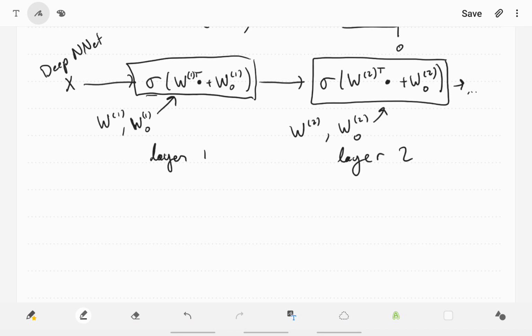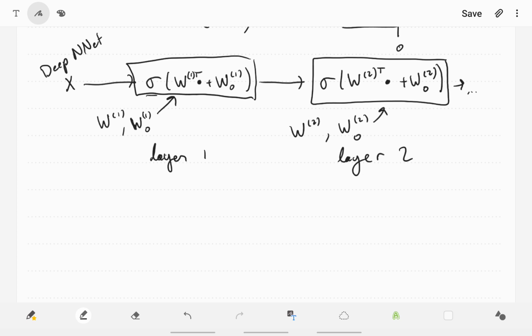You could have other types of operations included here, including fixed operations, which do not have trainable variables. So, for example, pooling layers in convolutional neural nets, that's a common fixed layer, and then convolution layers is another common type of unit.